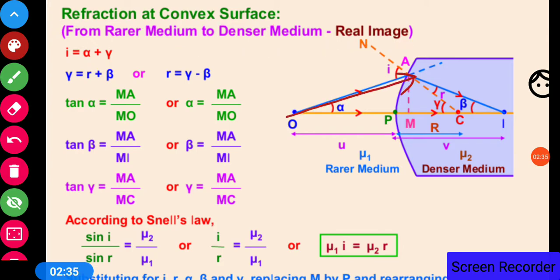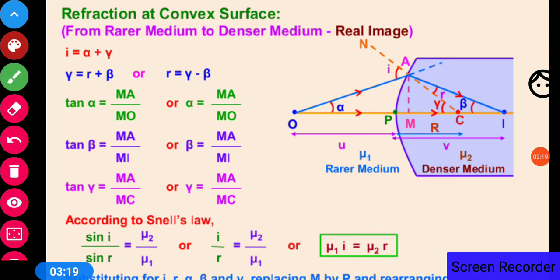Now we know that the line joining the center to the point of incidence is perpendicular to the surface, so the refracted ray will bend towards the normal and the image will form at point I. Let alpha be the angle between the incident ray and the principal axis, beta is the angle between the refracted ray and the principal axis, gamma is the angle between the radius of curvature, this you can say the CA, and the principal axis.